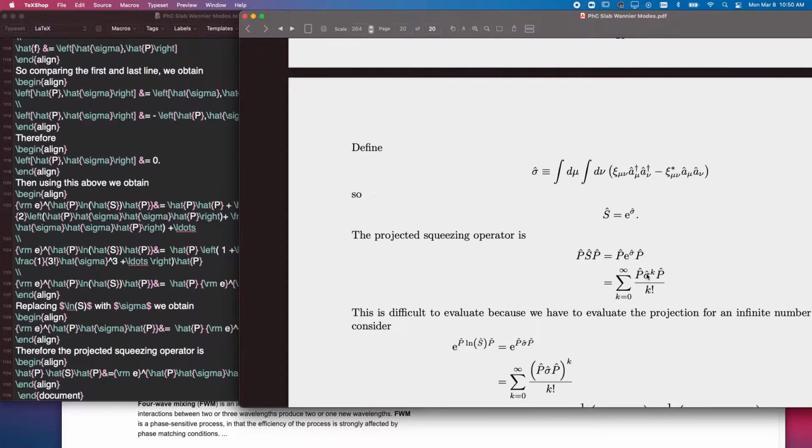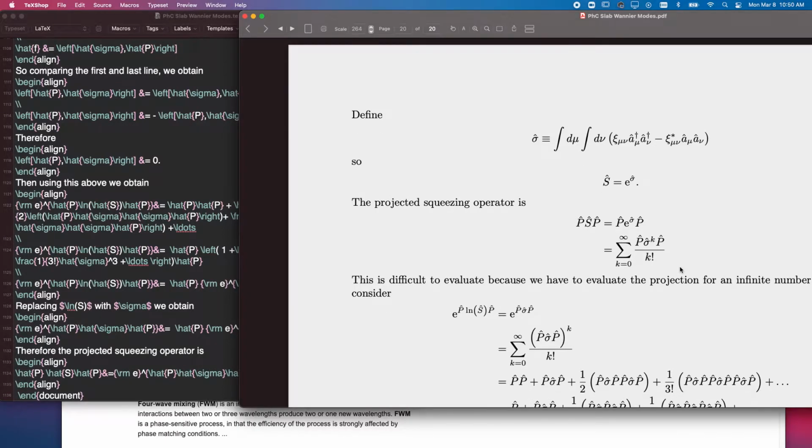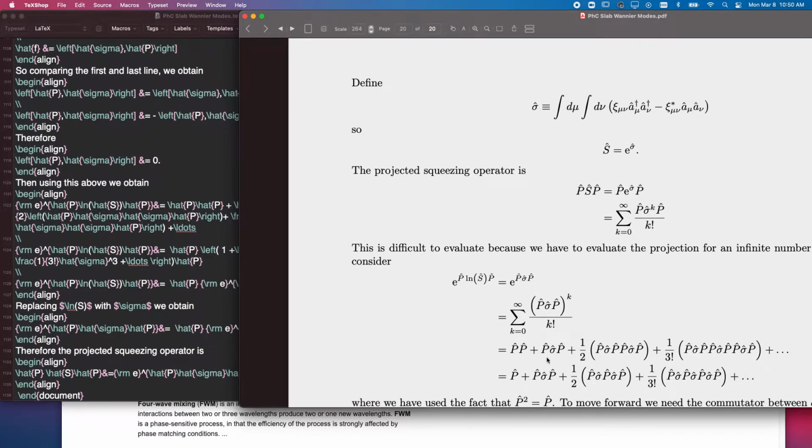So I have to project sigma, then sigma squared, and so on and so forth, up to sigma to the power infinity. What I'd have to do is find some type of pattern and write the projection of sigma to the k in some general sense. That's difficult to do in general.